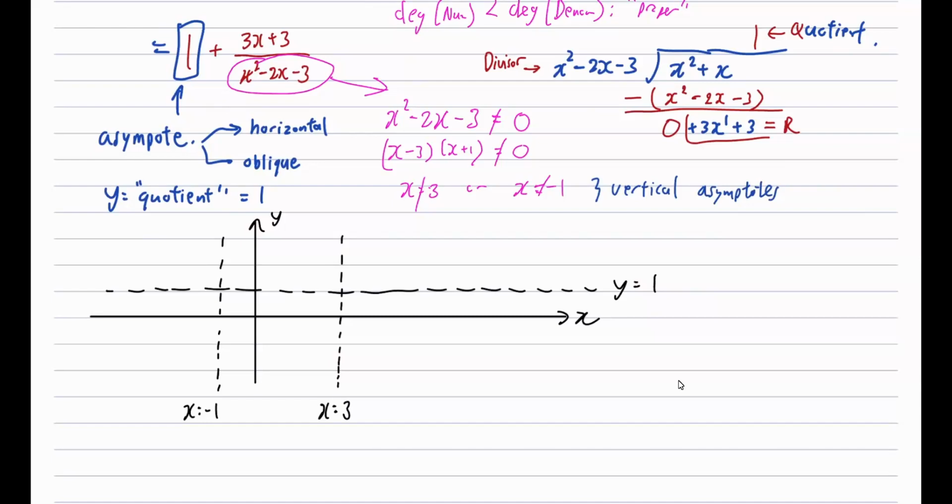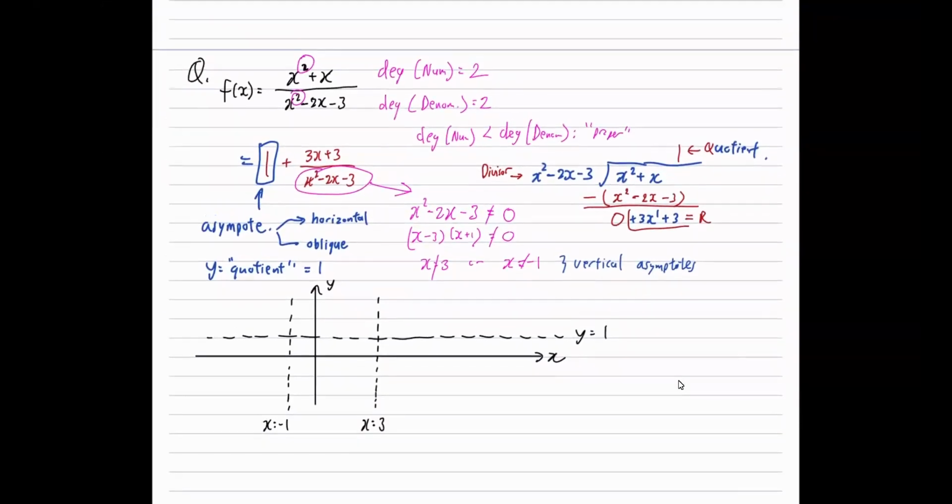Okay, so let's just figure out how to draw this graph now. Strategy: plot a point in each of the separate regions. How many separate regions do you see?